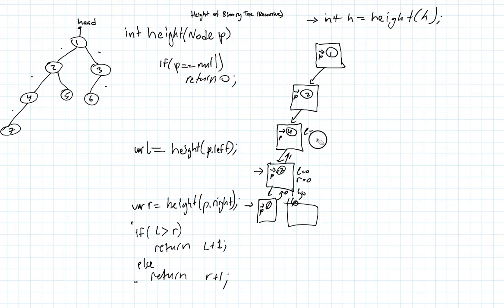As you remember, L is 1, because we returned and came back to this call. We finished this call, and we still need to call this one next. We haven't obtained the right value yet.